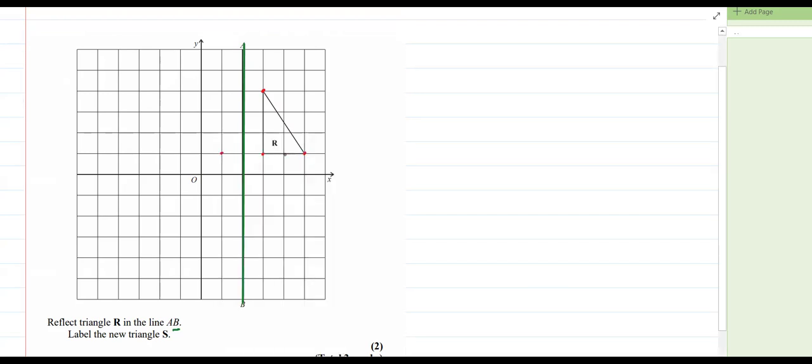Now, this vertex is 1, 2, 3 steps from the line, so it will appear 3 steps from the line. 1, 2, 3. Okay. This vertex is one step from the line, so it will appear one step from the line. So every vertex you will actually, and then join them.